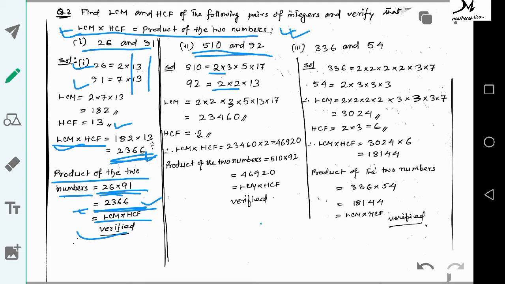Okay, so 2's are present in both prime factorization groups, but you need to take that group of 2's which consists of the highest number of 2's. So this group consists of two 2's, so we have taken two 2's, and then you have to take all the factors which may be common or uncommon.